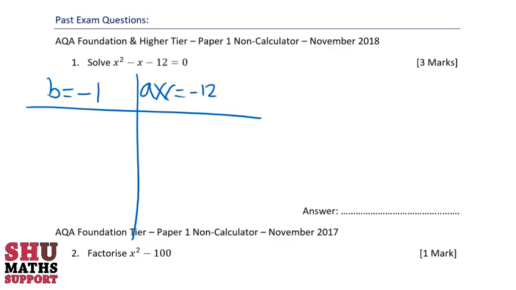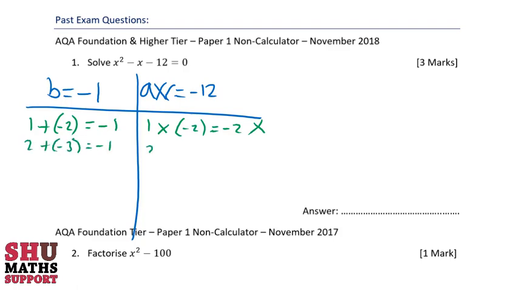Now we need two things added together that make minus 1, and then the same two things multiplied together to make minus 12. So I'm going to start off with doing 1 plus minus 2 is equal to minus 1, and 1 times minus 2 is equal to minus 2. So that's not what we need. Let's try 2 plus minus 3 equals minus 1.